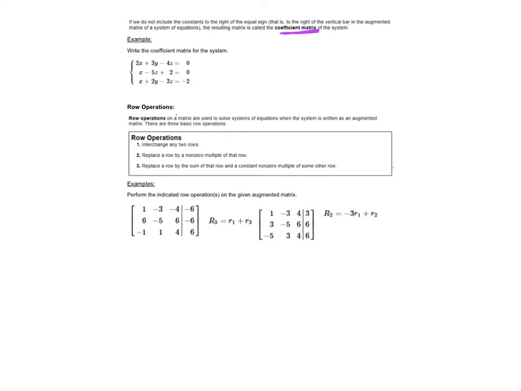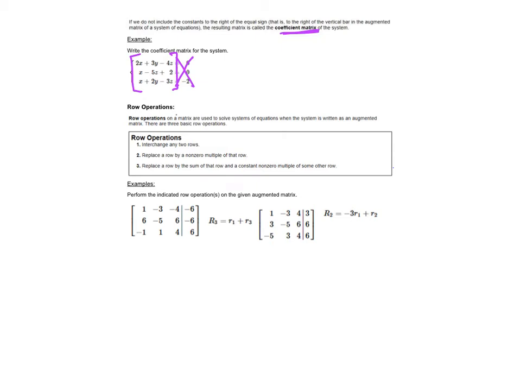Augmented matrix means that I'm going to draw that line and I'm going to include the equals. Coefficient means I'm basically going to get rid of the stuff on the equal sign. And so in this case, I would just be using the coefficients, or the numbers in front of my variables. Okay, so coefficient matrix is just one other way to represent an augmented matrix.